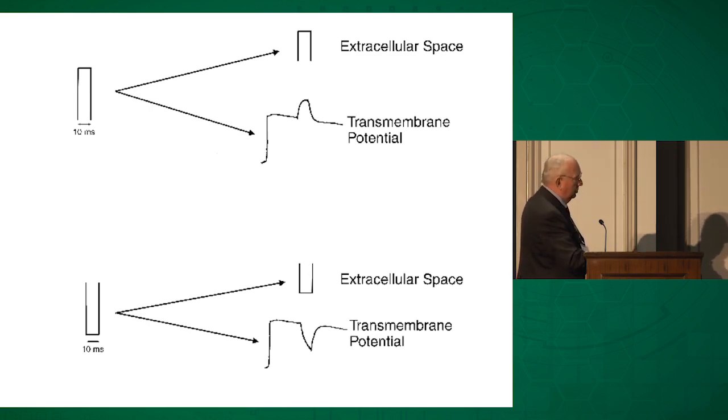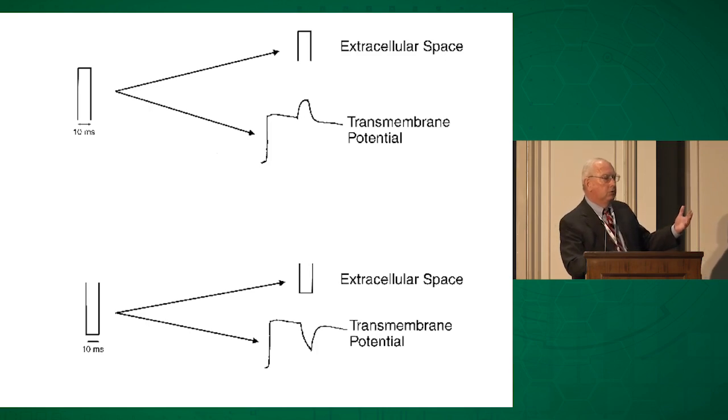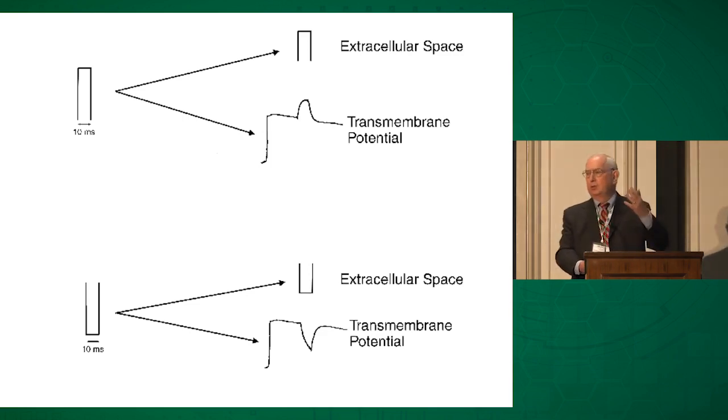So she thought then if you then, in that same part of the heart, reverse the polarity, it would depolarize, and it would be easier to depolarize the tissue because by pushing the potential back down, you made the cells more responsive, so they'd be easier to activate. So she thought that the purpose of the first phase was to bring the membrane potential back down where the second phase could excite the tissue more easily.